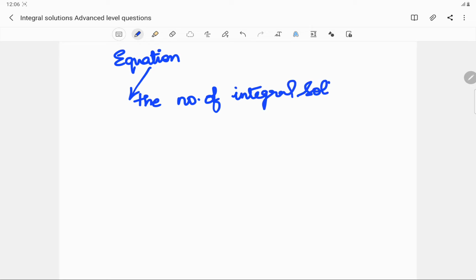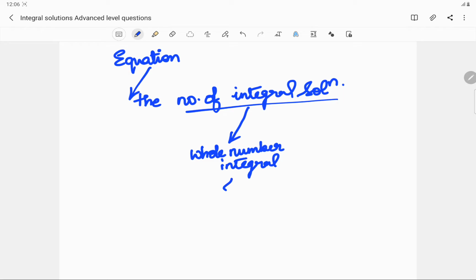Now these integral solutions can be whole number integral solutions or natural number integral solutions.